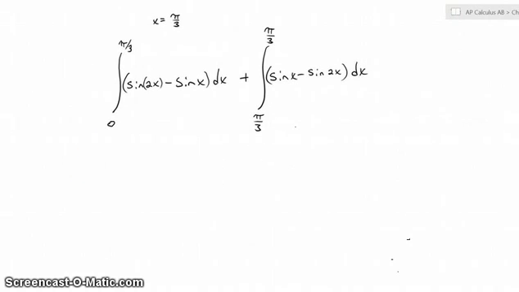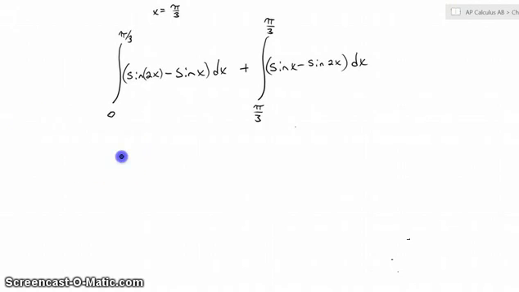The integral of sine is negative cosine. So we're going to have, in this case, negative cosine 2x. If we do a quick u substitution, we'll see that that's over 2. And then here we have negative sine, so it's going to be plus cosine x.